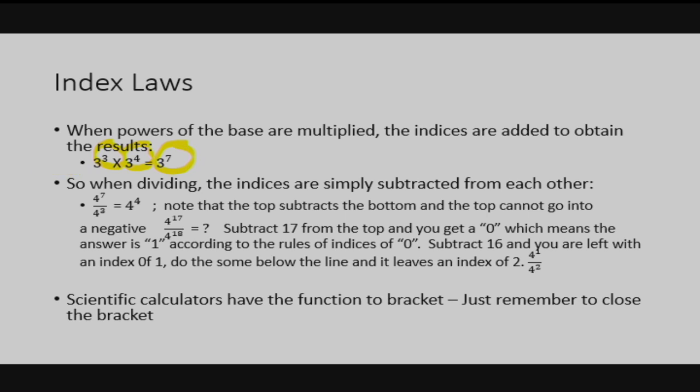This is quite important to understand, that when you work with the indices, if I say 2 to the power of 3 multiplied by 2 to the power of 5, I keep the root the same, so the root stays 2, and the indices now will become, and now it's an addition.